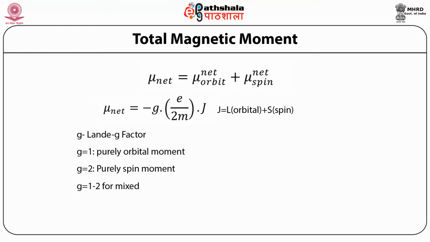The Landé g factor is mathematically given as 1 plus J into J plus 1 plus S into S plus 1 minus L into L plus 1, divided by twice of J into J plus 1, where L is the orbital angular momentum, S is the spin angular momentum, and J is the total angular momentum.